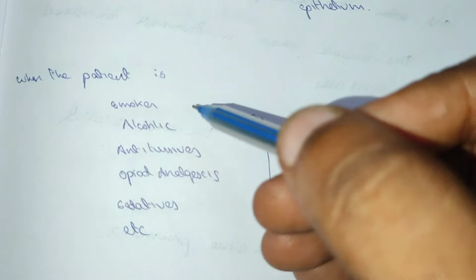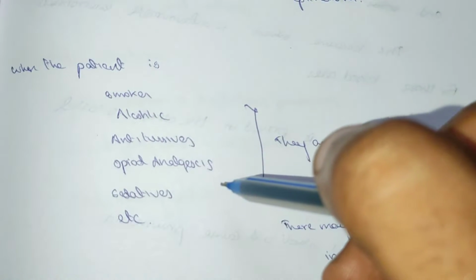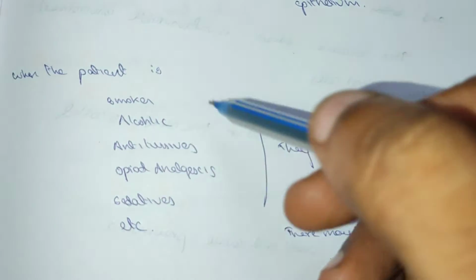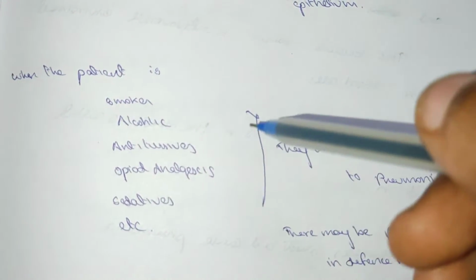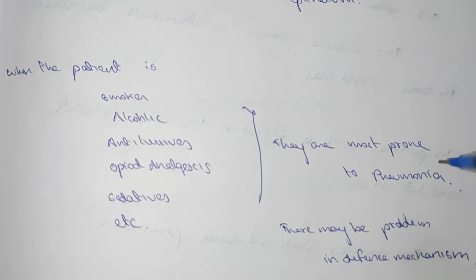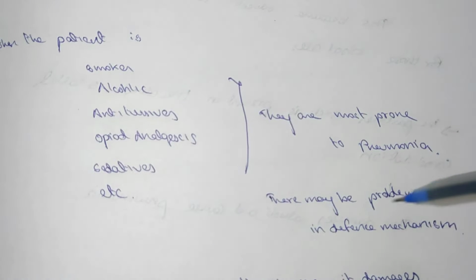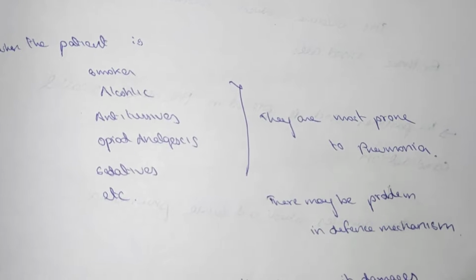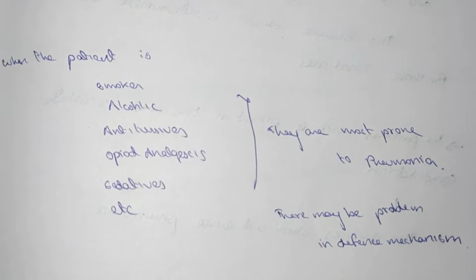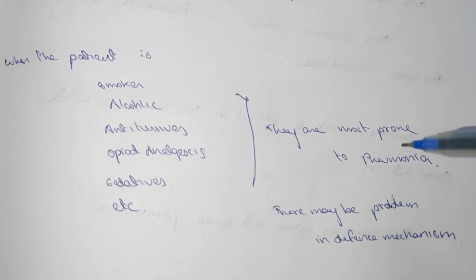When the patient is a smoker, alcoholic, or uses antitussives, which are anti-cough agents, opioid analgesics and sedatives, the patient is more prone to pneumonia, because these may cause problems to the three defense mechanisms I have described above. When there is damage in the defense mechanism, they are more prone to pneumonia.